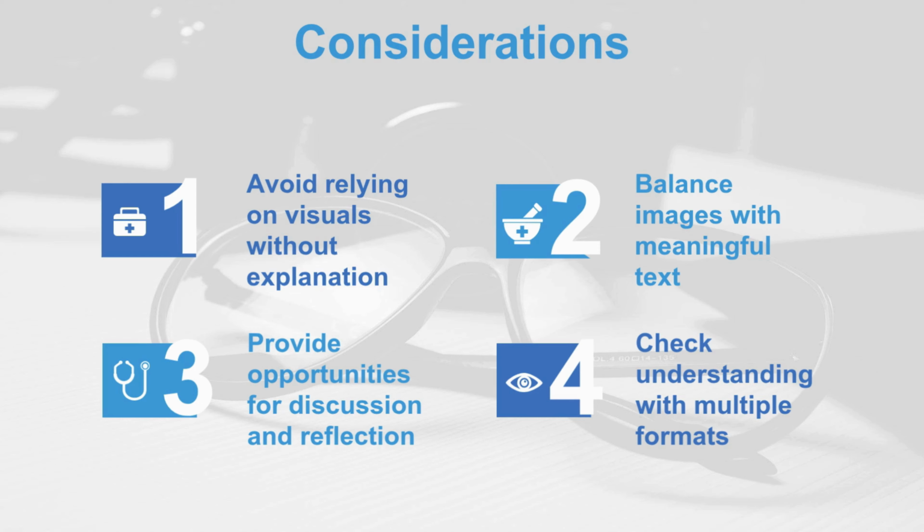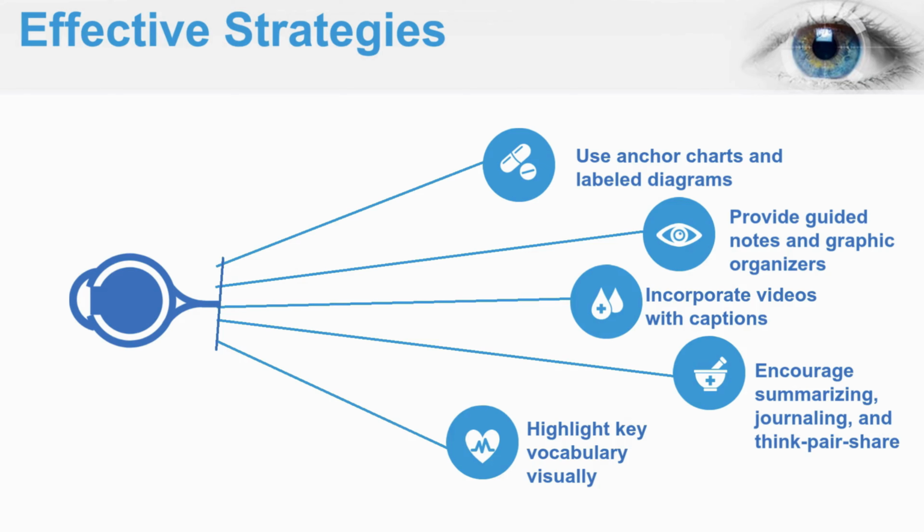Yes, they are absorbing through the visual, boom, but now they want to reflect on it, discuss it, and hash it out. Then check understanding with multiple formats. With the visual verbal learner, you can check through oral comprehension, through written work, or by allowing them to create visuals to support their understanding of what they just learned.